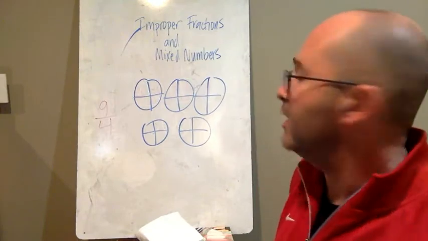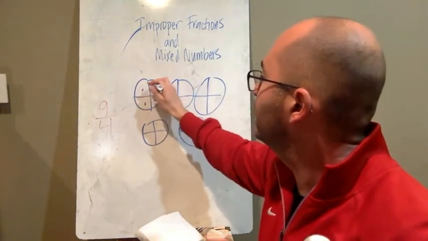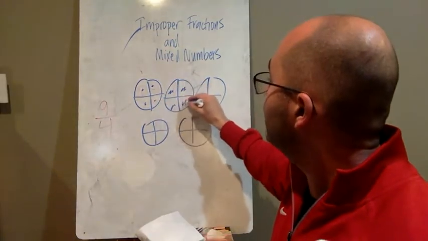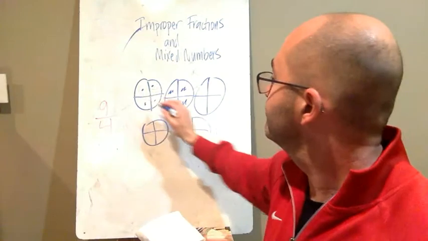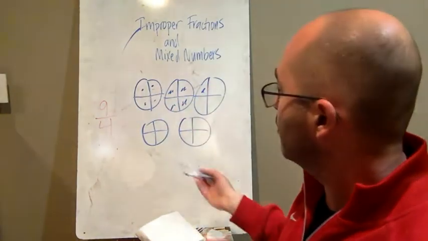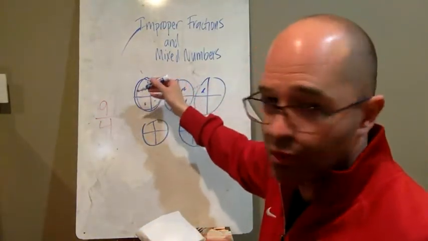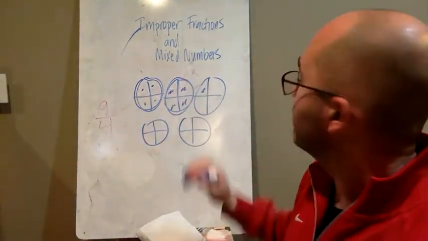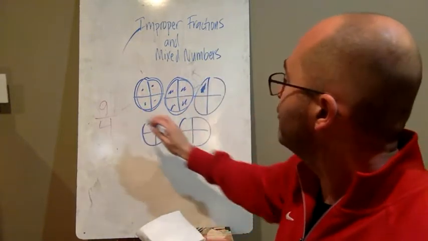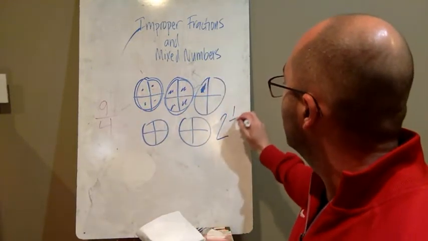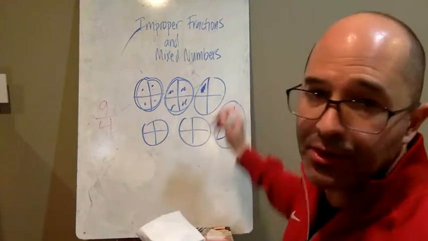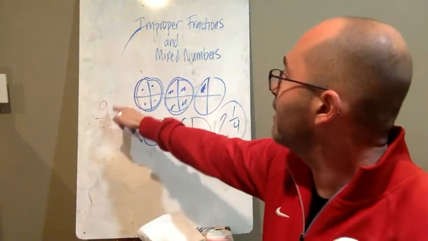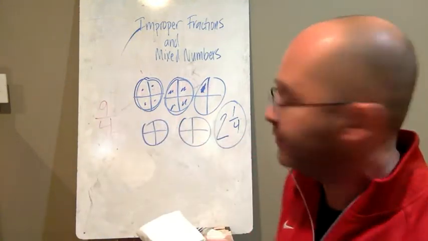We know 1/4, 2/4, 3/4, 4/4 is one whole. 5, 6, 7, 8/4 is 2 wholes. Another 4/4 gives you 8/4 plus 1/4. So 9/4 is the same as 2 wholes and 1/4. This is the mixed number, because it's got a whole number and a fraction. This is improper because the numerator is greater than the denominator.